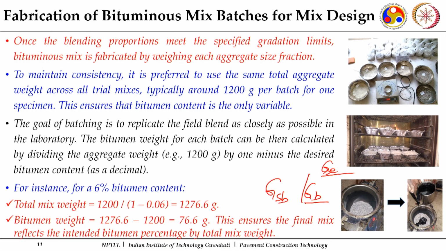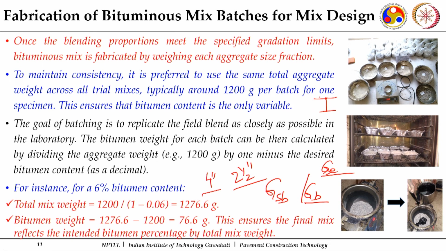So, for laboratory testing, specimens are prepared, which are cylindrical specimens, and the very common specimens prepared have 4 inch diameter and around 2.5 inch height. The height has to be approximate.